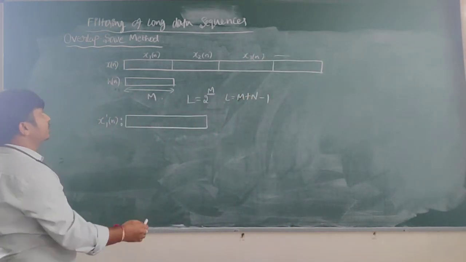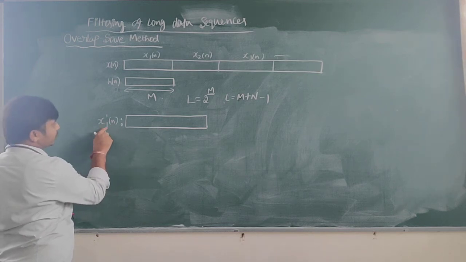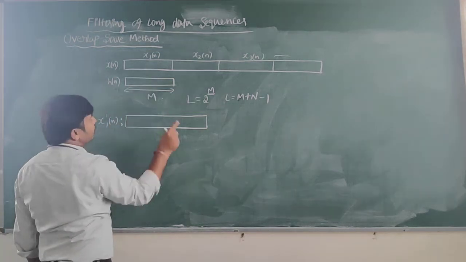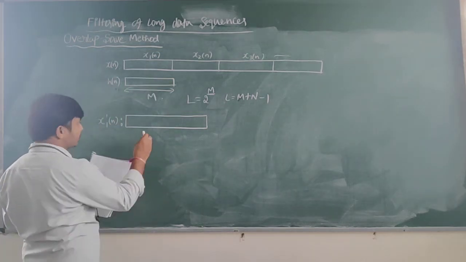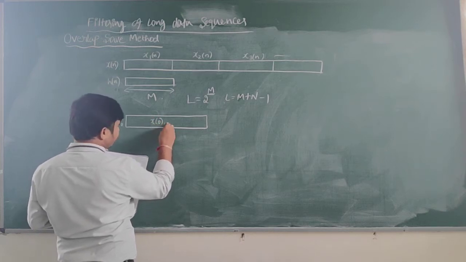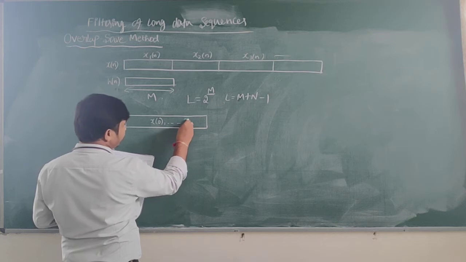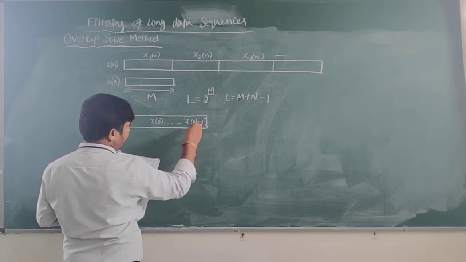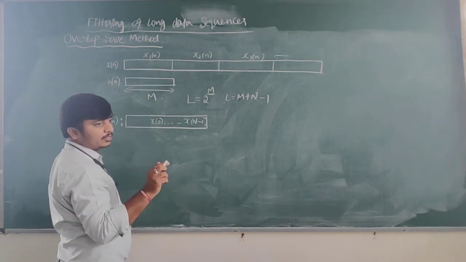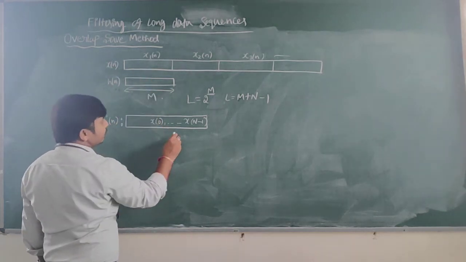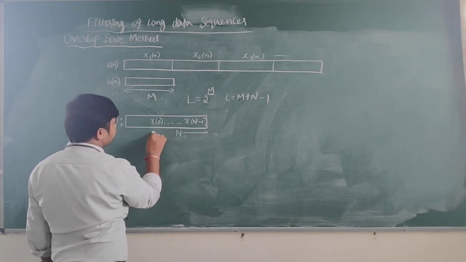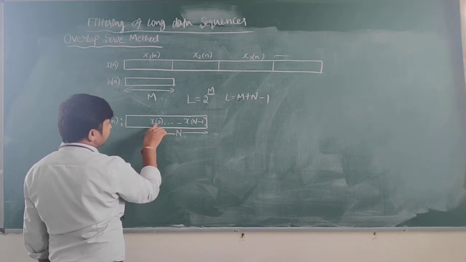First I am taking x1 dash of n, which consists of x1 of n. The x1 of n sequence is x of 0, x of 1, and so on up to x of n minus 1. The length of each segment is equal to n.